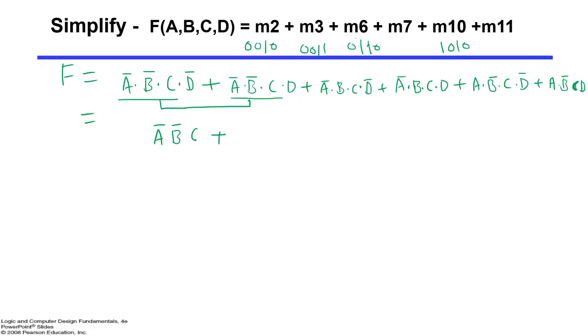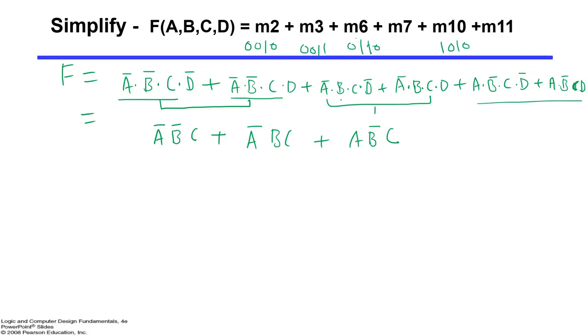A bar B C is common, yes. So you'll take A bar B C from these two expressions. Is there something here? Can we take some common? A B bar C. So you'll take A B bar C from here.